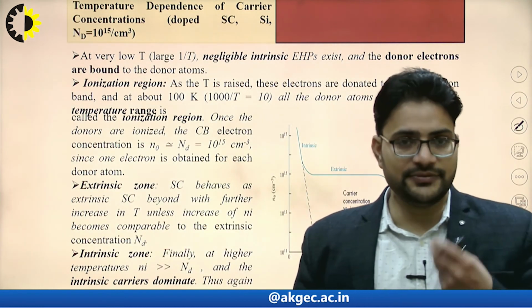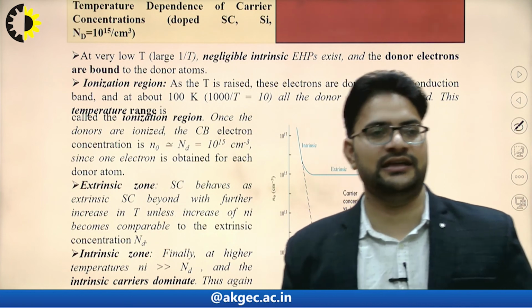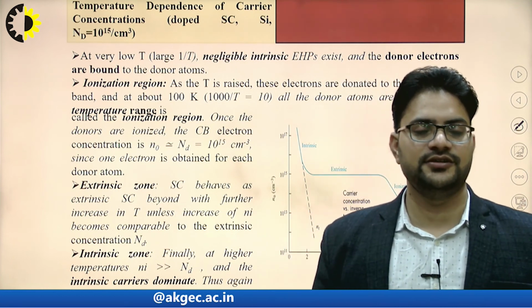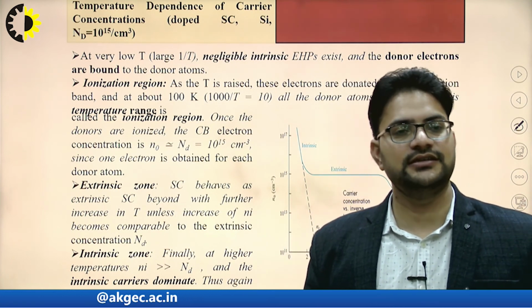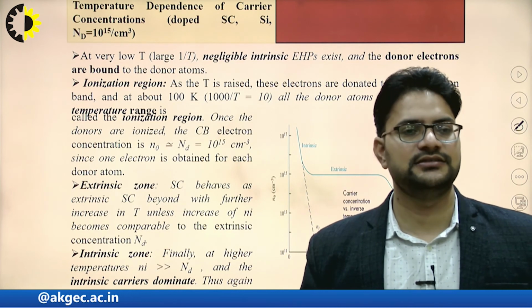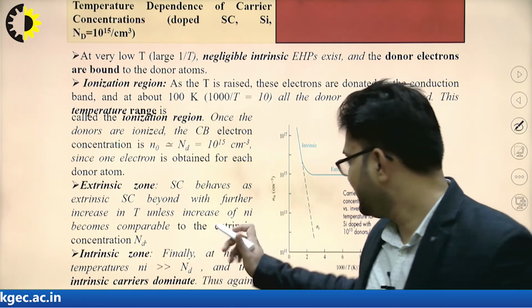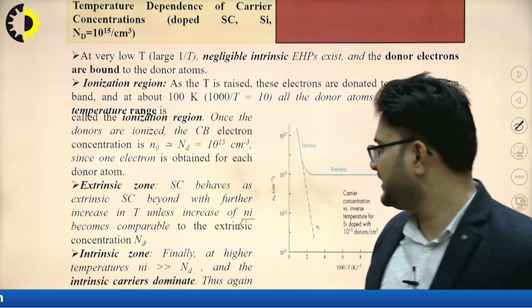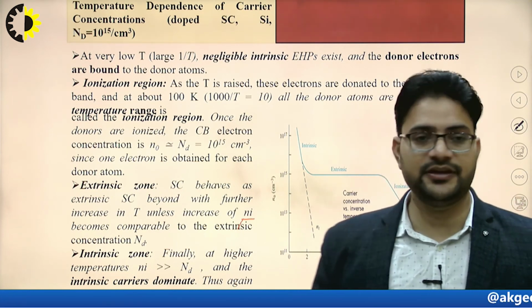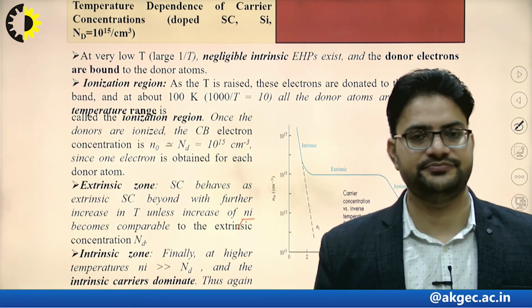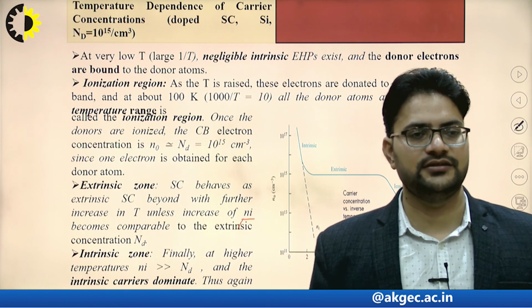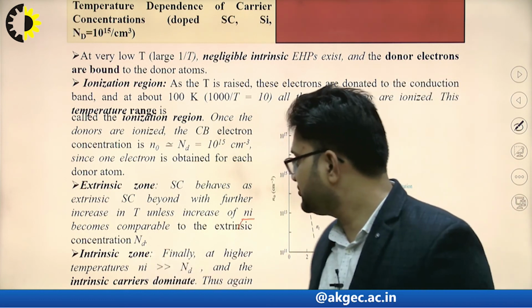All the semiconductors will behave like an extrinsic semiconductor with further increase in temperature, unless the intrinsic carrier concentration Ni becomes comparable to the extrinsic concentration. Next is the intrinsic zone.